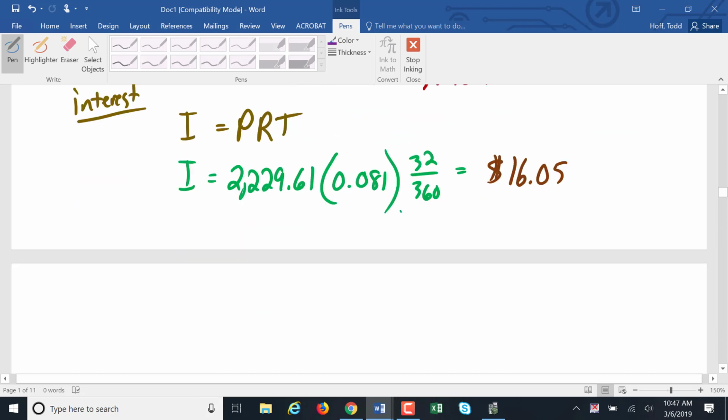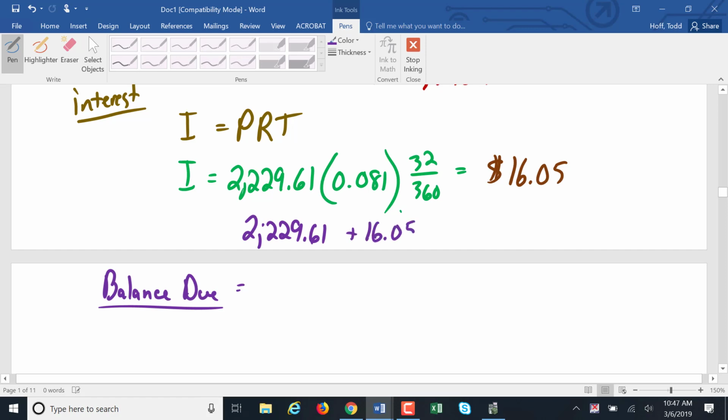So that means for our ending balance due, we take our $2,229.61, which was the balance after that payment, and we add in that $16.05, which was the interest after the payment, to get a balance due of $2,245.66.